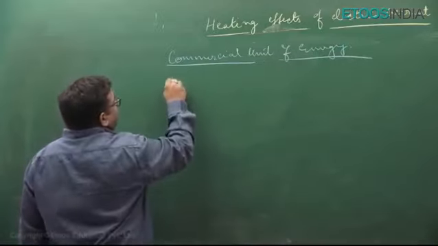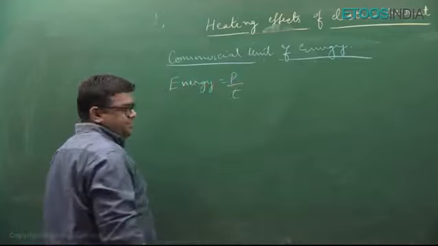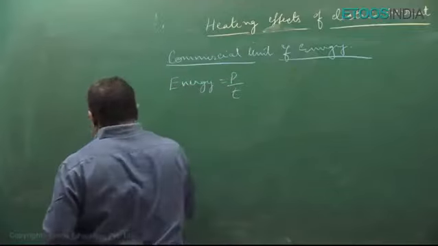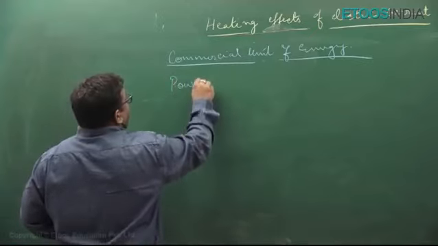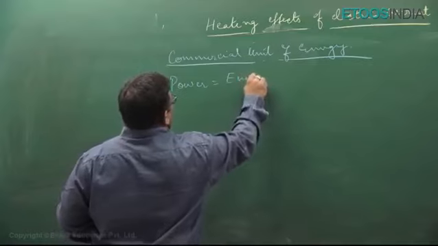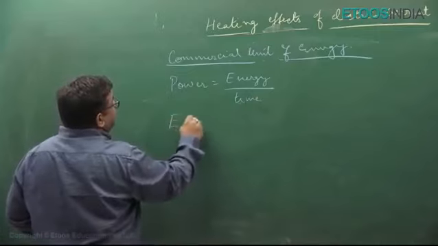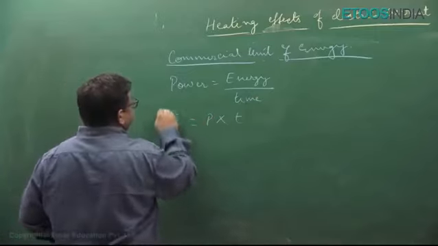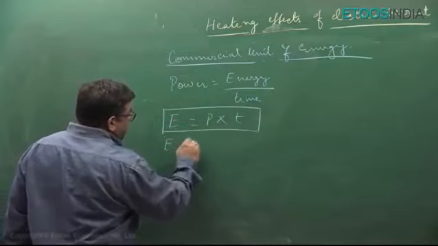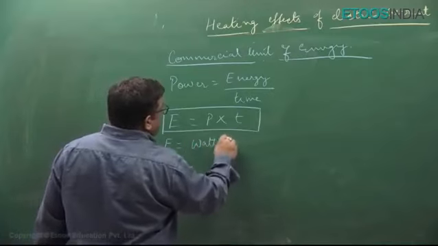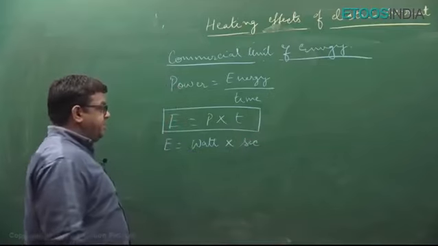So I'll explain how things are derived. We know that power is equal to energy upon time, or E is equal to P into T. So by simply putting the units of power and time, we can find it.